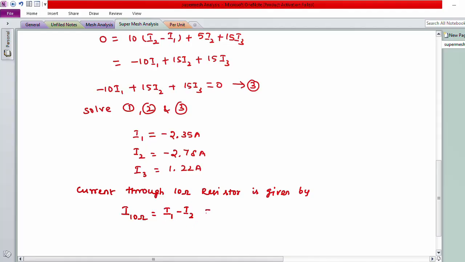That is, I1 is −2.35 minus I2 which is −2.78. If you simplify this equation, the current through the 10 ohm resistor is 0.43 amps.